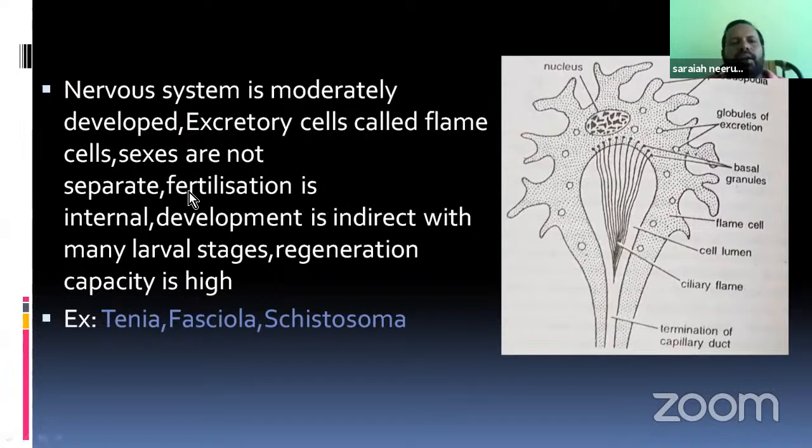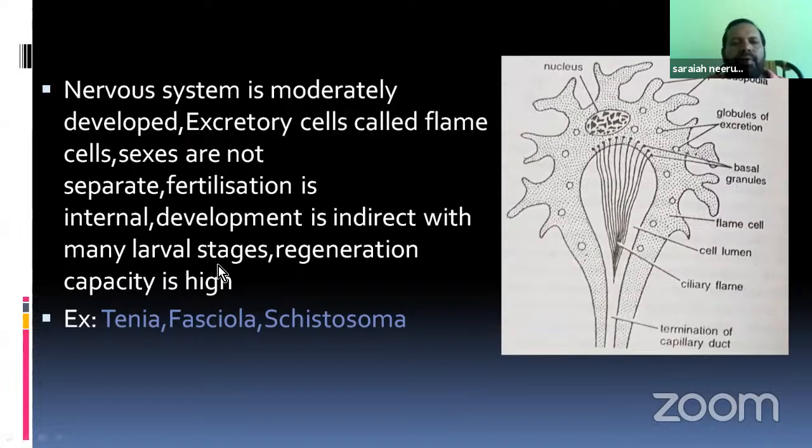Both gametes, ovum or egg cell and sperm, are inside the female reproductive tract, which is called internal fertilization. Development is indirect. Indirect means a larval stage is present in the life cycle, which is called indirect development.